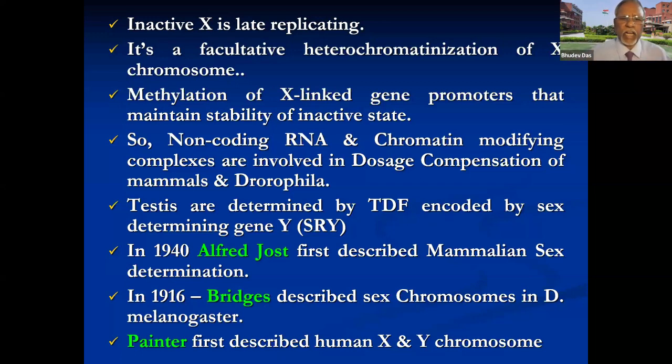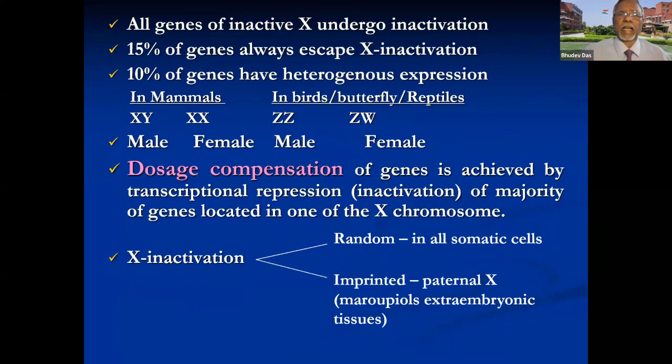In 1940, Alfred Jost first described mammalian sex determination, Bridges described the chromosomes in Drosophila, and Painter described the human X and Y chromosomes. About 50% of the genes always escape inactivation, and 10% of genes have heterogeneous expression.